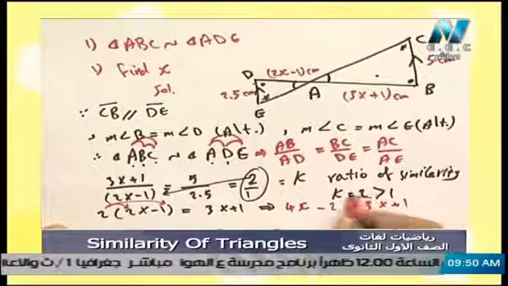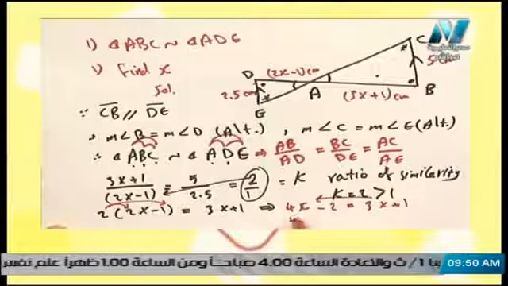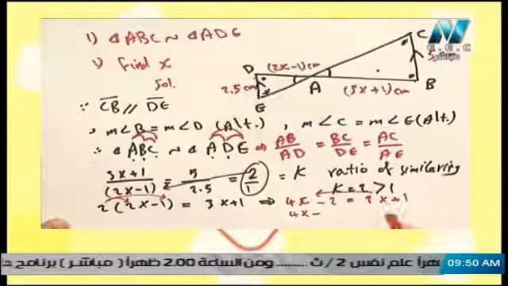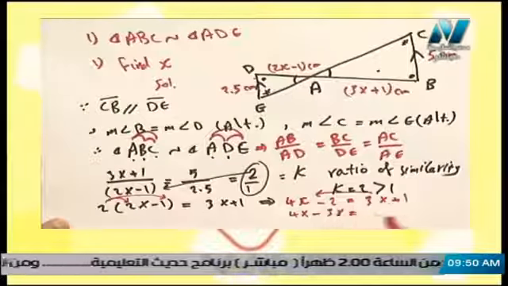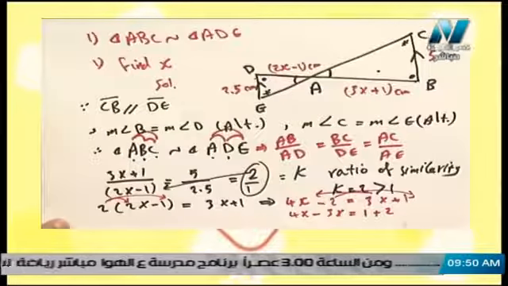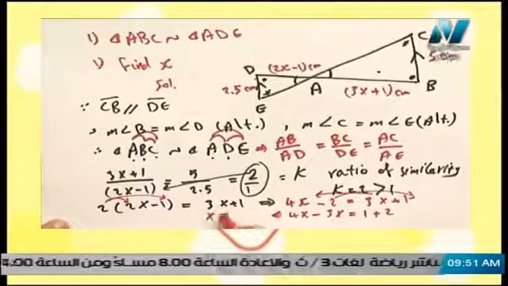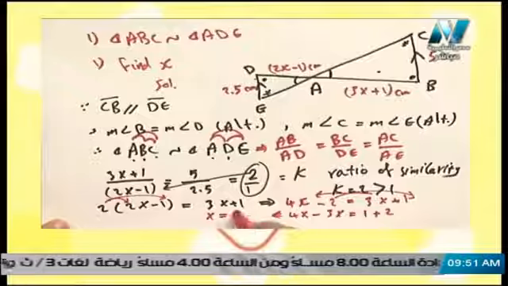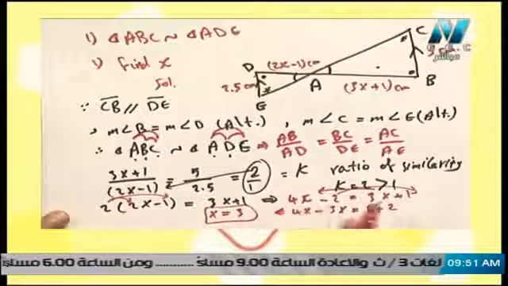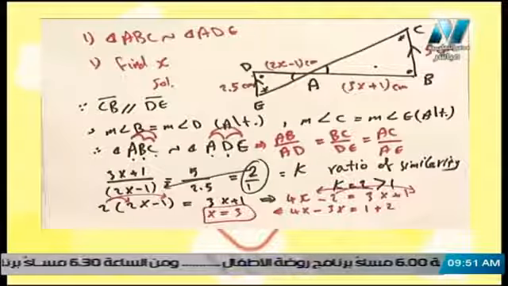We move 3x here to be negative 3x, so we have 4x minus 3x. Okay, 1 plus negative 2 will move here as 2. So we can say 4x minus 3x equals x, and 1 plus 2 equals 3. So x equals 3. Okay, and here we end the lesson and we end the question for you.